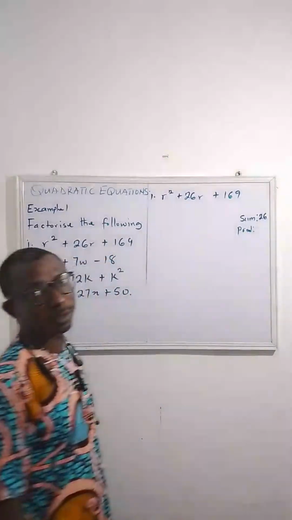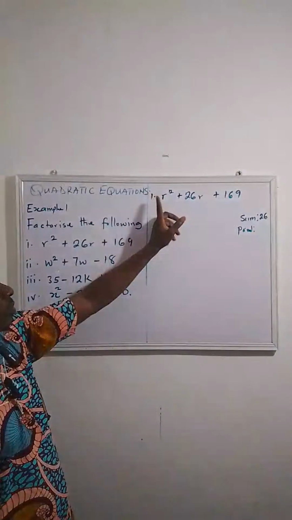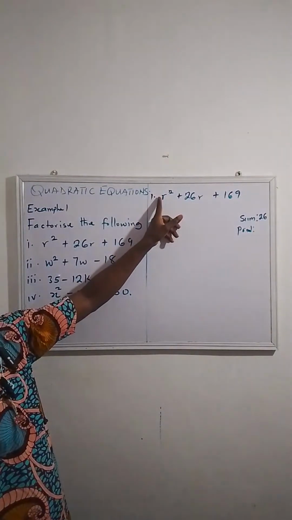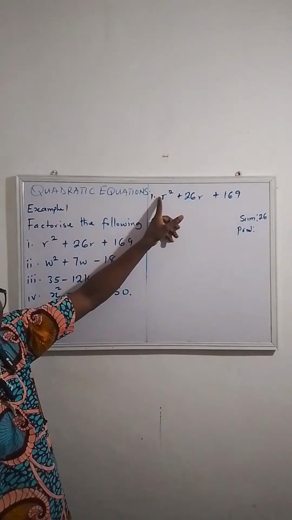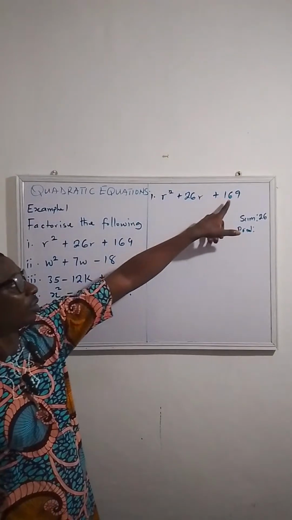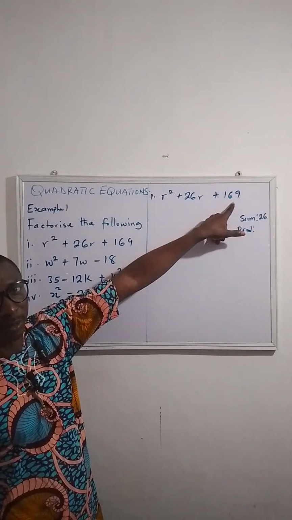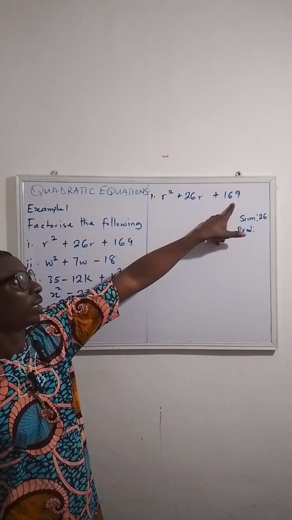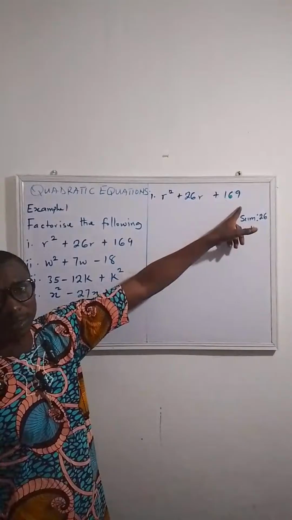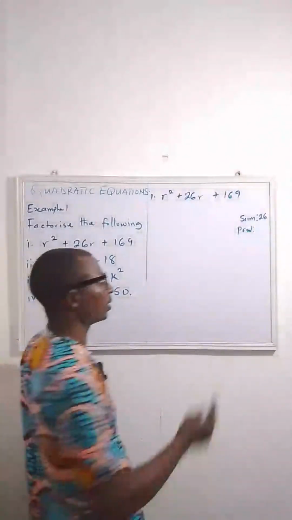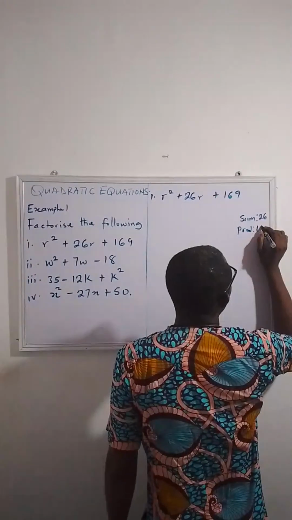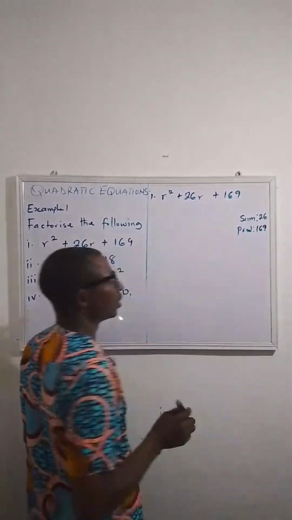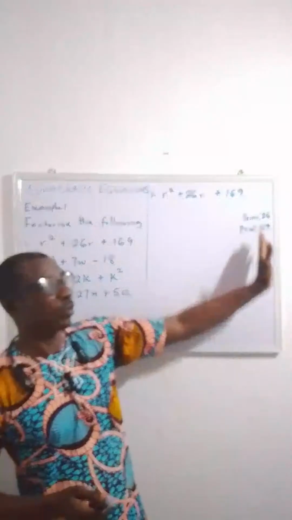And the product is the multiplication of the coefficient of r squared, or whatever variable is here, with the number that is independent of the variable. That is 1 times 168, which is the same thing as 168. Okay, so we have sum and product.